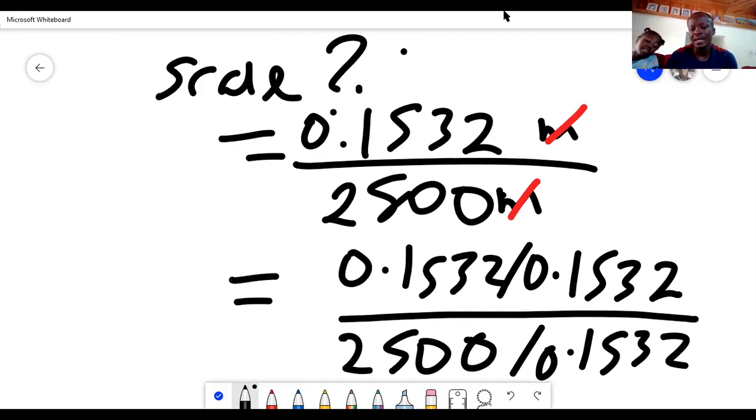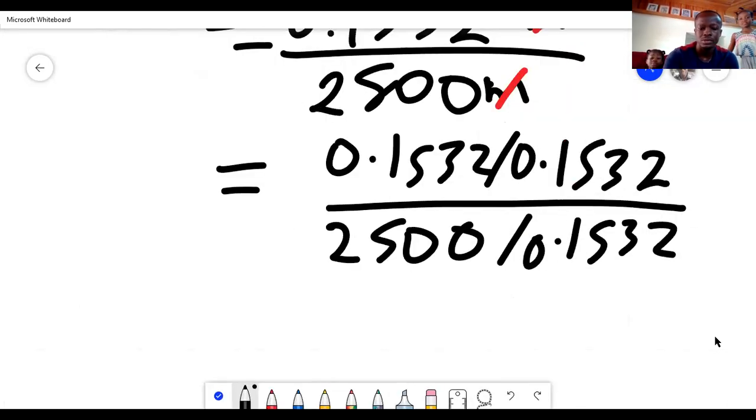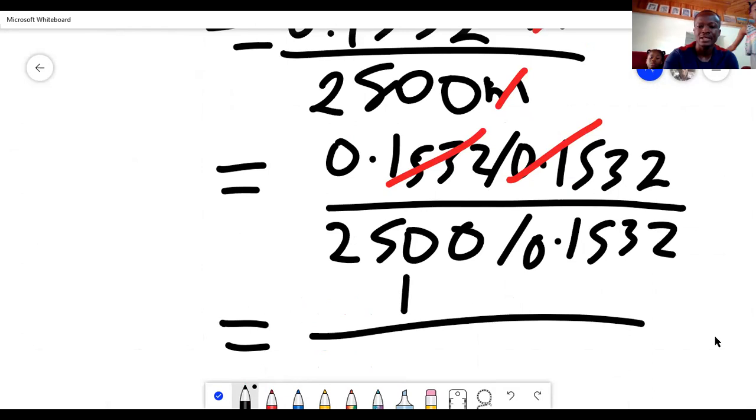So more or less it's like we are multiplying the top, the numerator, by 1 over 0.1532, and we are multiplying the denominator by 0.1532. So we can literally cancel it out, and still have what we had before. So the trick is to now cancel that. This cancels this. Then we get 1 up here. So 1 divided by, then you work the denominator out.